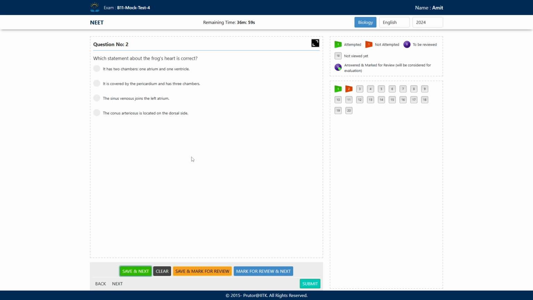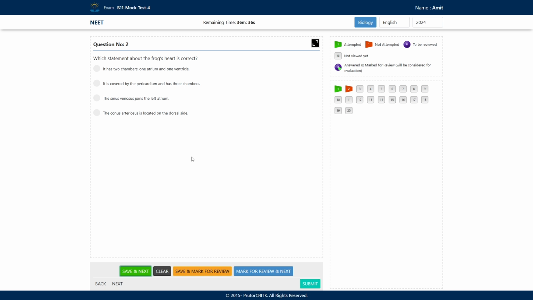Which statement about the frog's heart is correct? Let us see the statements. First, it has two chambers, one atrium and one ventricle. Second, it is covered by the pericardium and has three chambers. Third, the sinus venosus joins the left atrium.